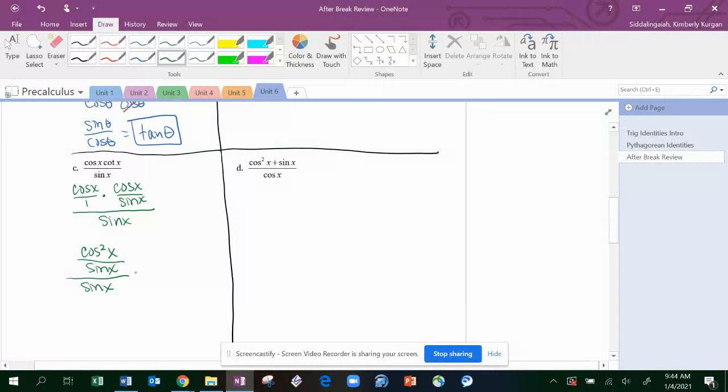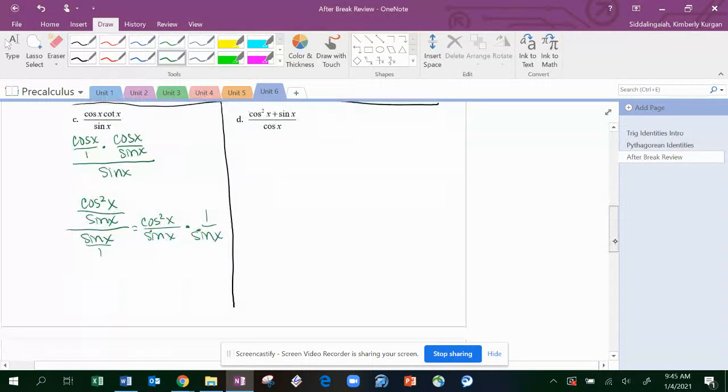Okay, so cosine squared, so when I divide, I can think of this as sine of x over 1. So when I divide two fractions, I want to multiply by the reciprocal. So cosine squared x over sine x times my reciprocal of that denominator, so 1 over sine x. And now I'm going to multiply across again.